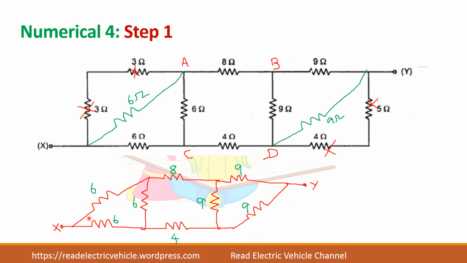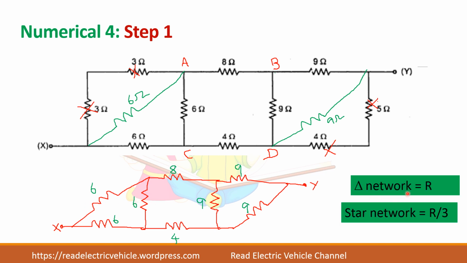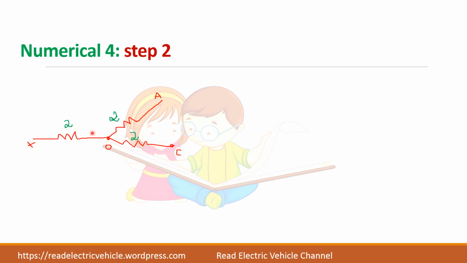Now what is the relation between star and delta? In delta, if you have R, in star connection it will be 1/3 of that delta network. So if you have 6 in delta connection, in star it becomes 6/3, that is 2 ohms. So it becomes 2 ohms and you will get a neutral point in star connection.